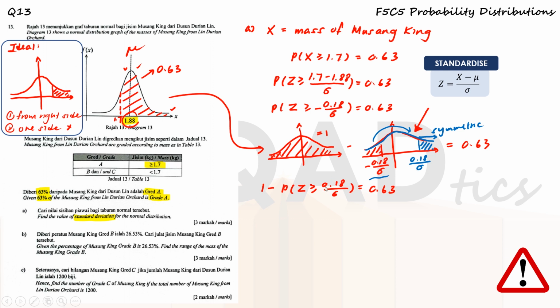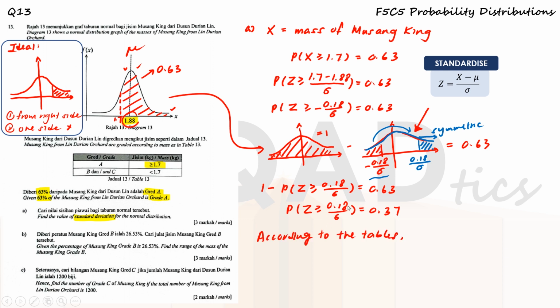So I would change it to 0.18 over sigma, the standard deviation, and it would be equal to 0.63. So now I can move this one to the right side, and I'll get 0.37. So now I am ready to use the table to help me find the value here. Alright, so let's go to the tables.